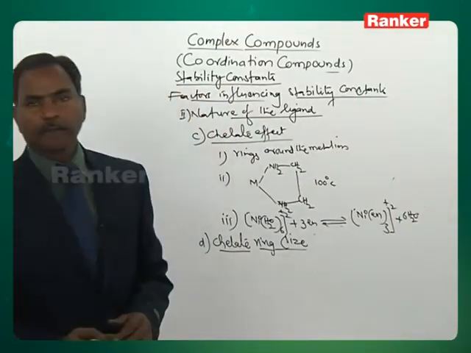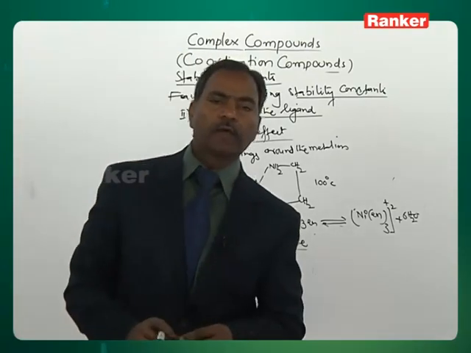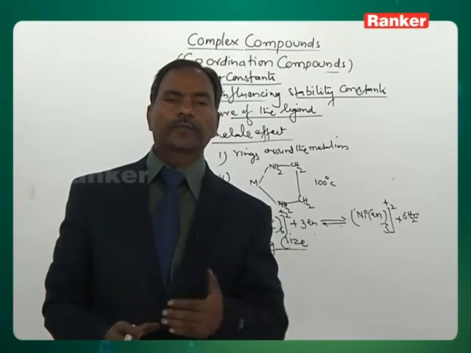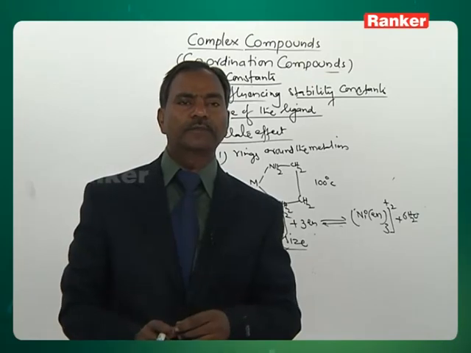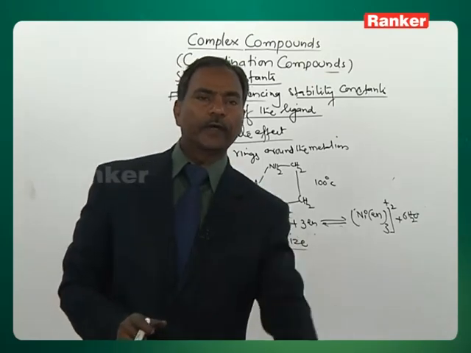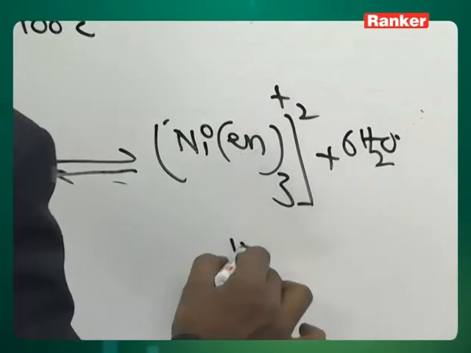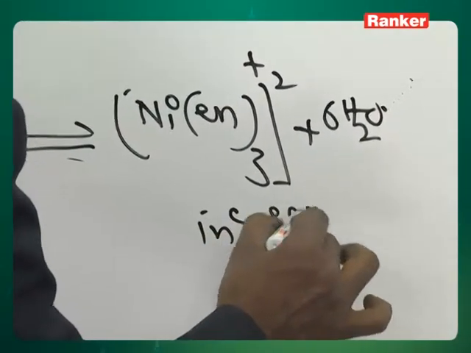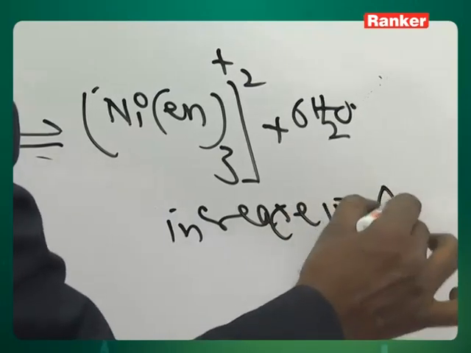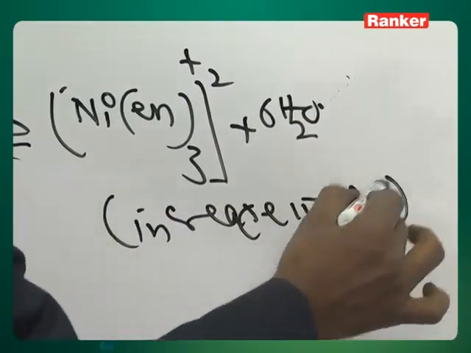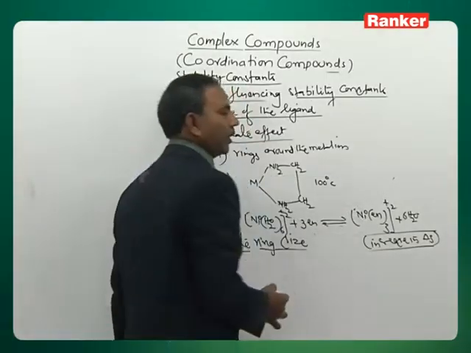Whenever a complex with a chelate ligand is produced, in the direction of formation of the complex, there will be an increase in entropy. Delta S is increasing here.